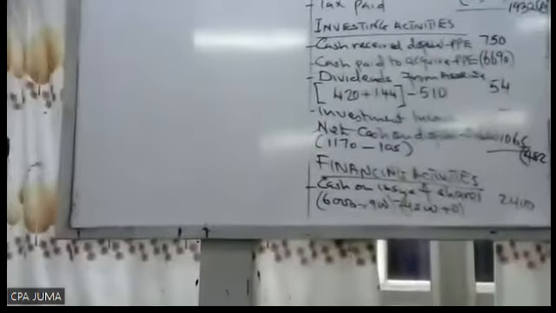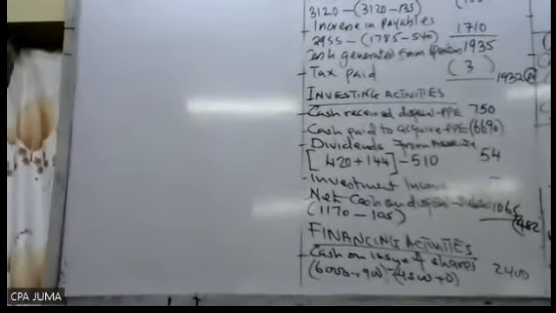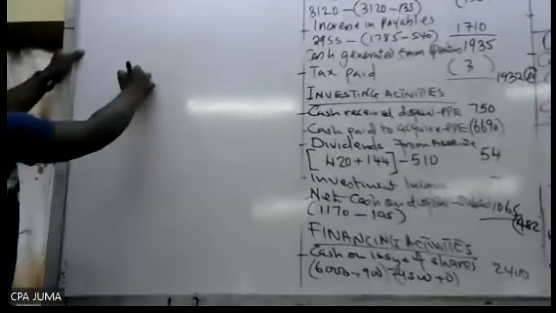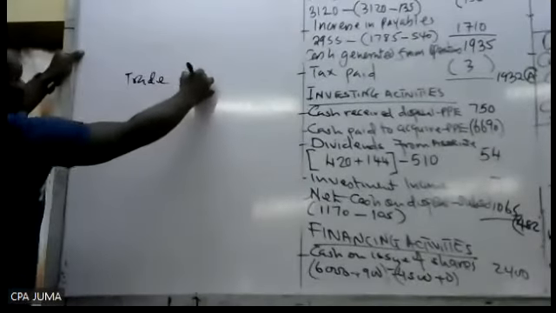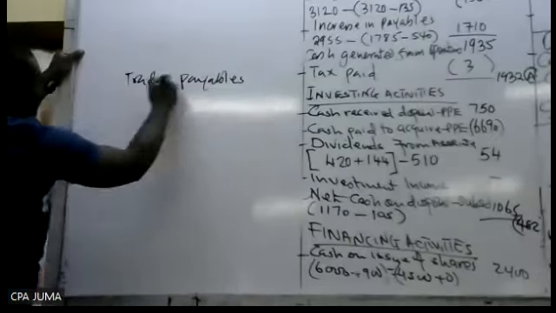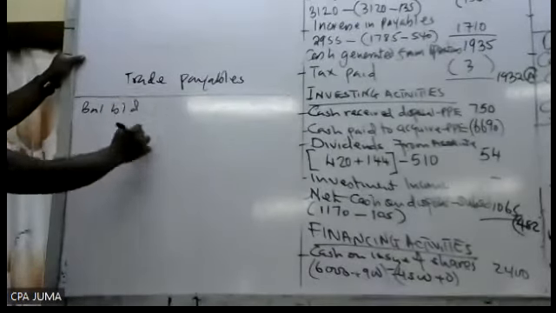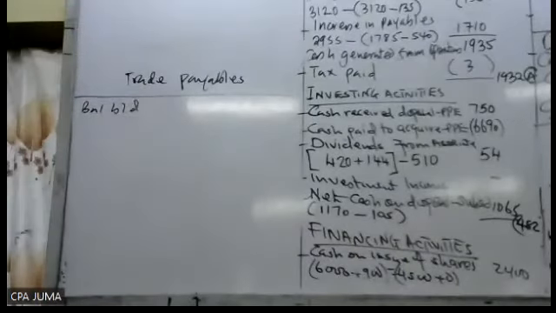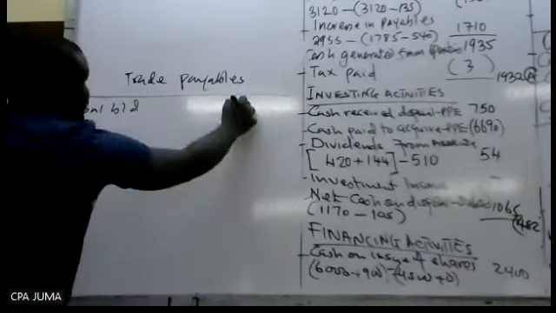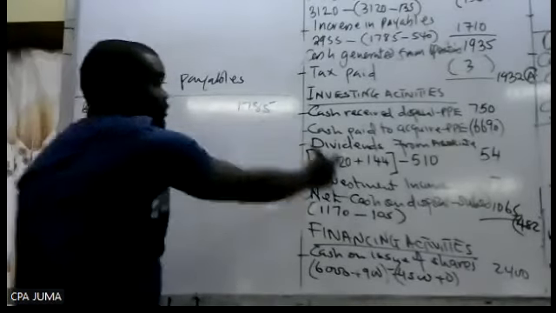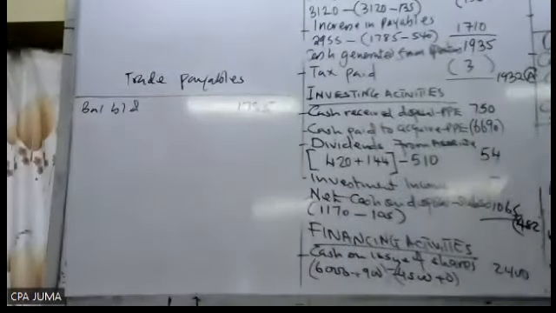So this way, you say trade payables. How much was the balance brought down? Check the balance brought down. 17.